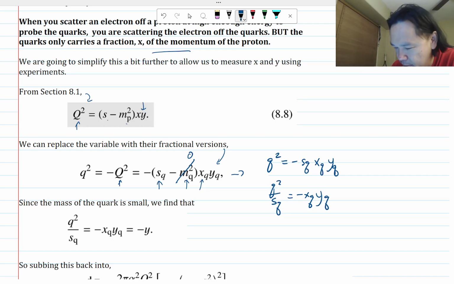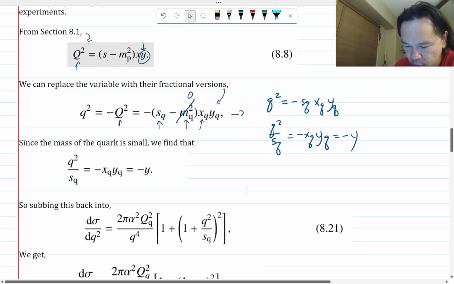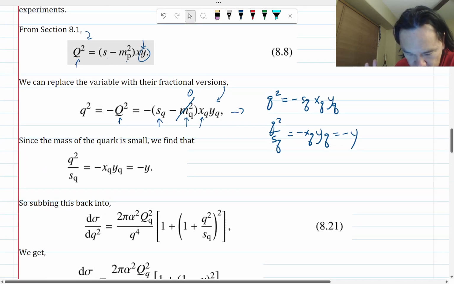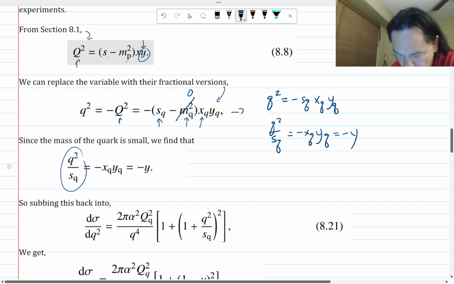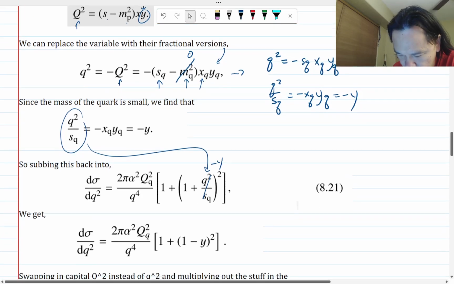I skipped this little part in the book, but xq times yq actually just equals the y variable without the q, because the fraction xq cancels out with the fraction inside the yq. With this q squared over sq, we can sub this back into here, and this is actually equal to negative y.